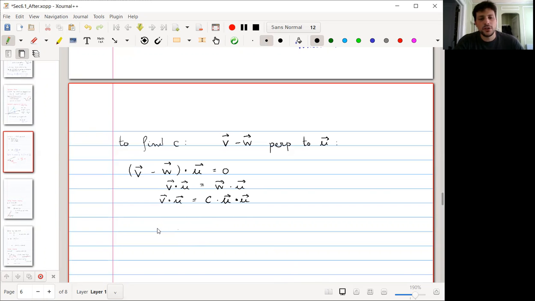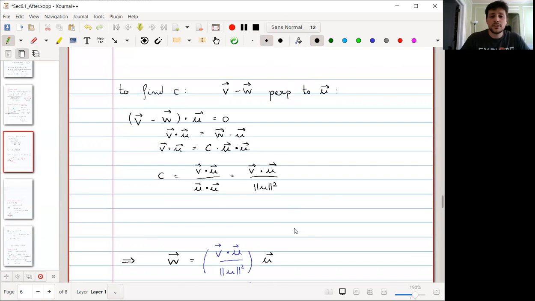But then I can solve for the constant from here. And I get that the constant is v dot u divided by u dot u. And this is more often written as v dot u over the norm of u squared, because those two quantities are the same.